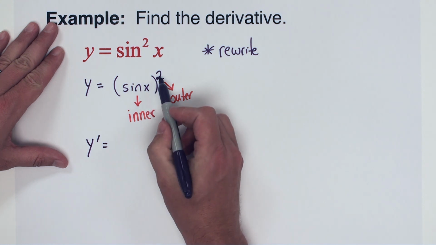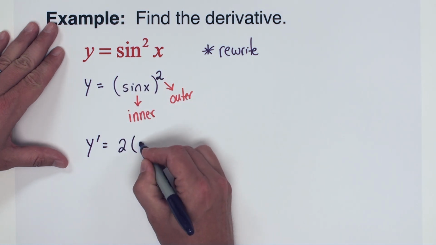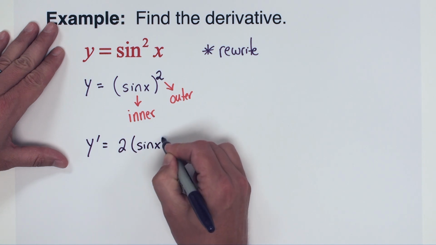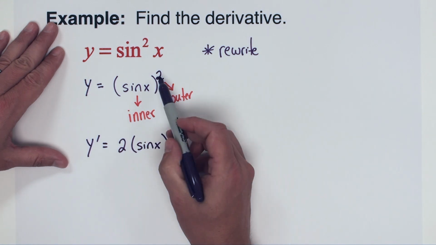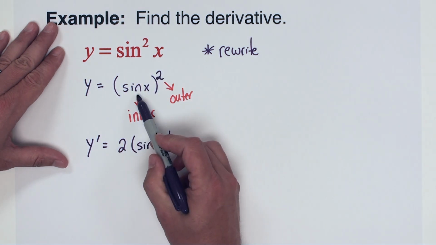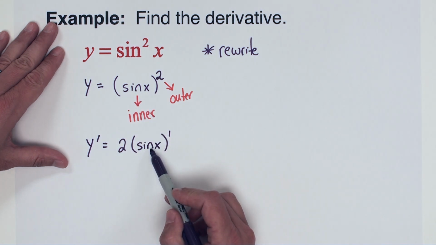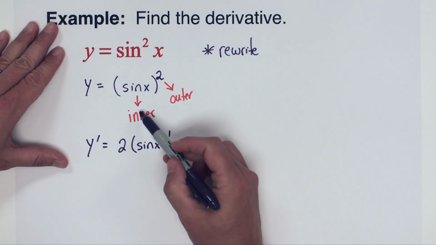My derivative starts with the power, so 2 comes to the front. I have 2 times sine x to the 1st power. Again, every single time you do the power part, right, the outer derivative, you do not touch the inside. That inner part is still sine x. Now we're going to run the derivative of the inner part.